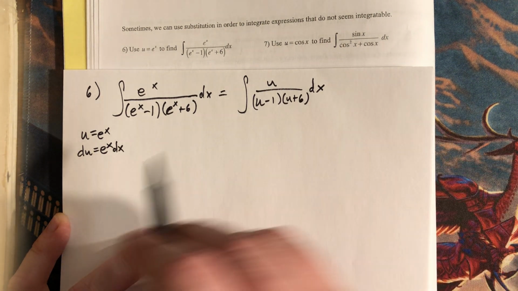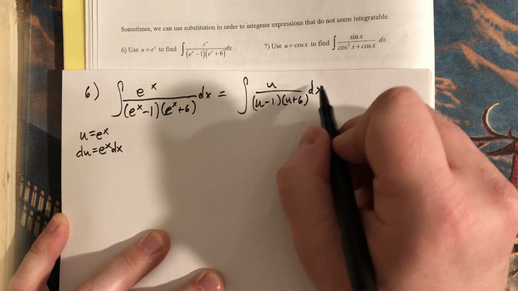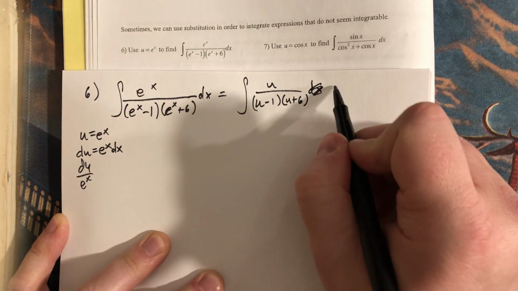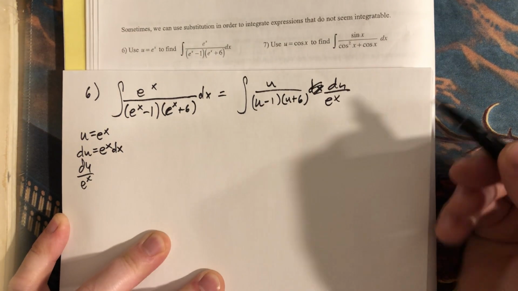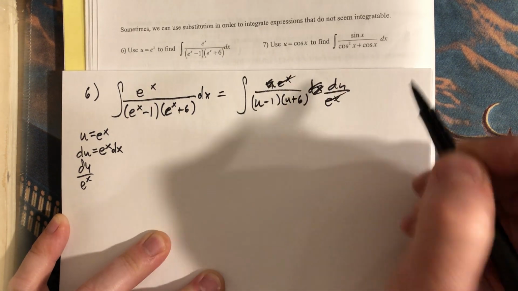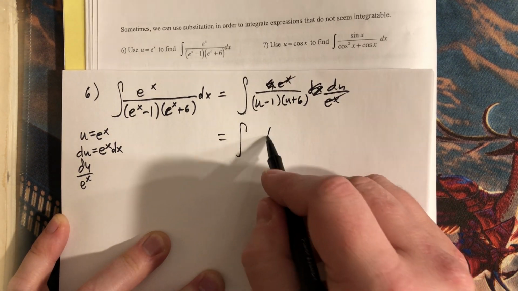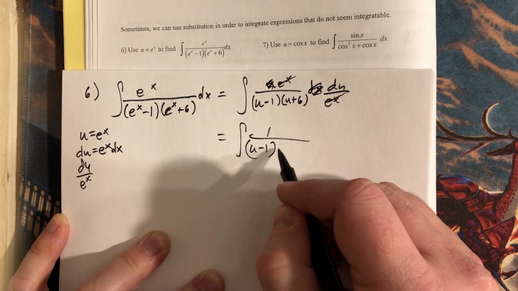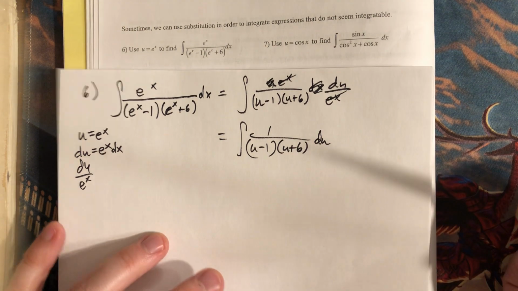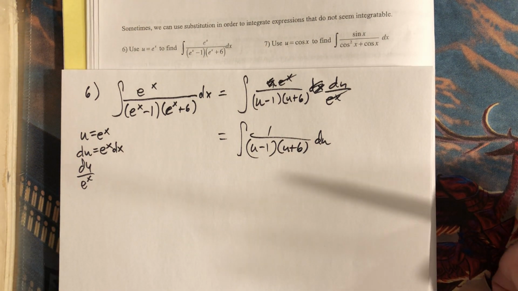Instead of dx, I can replace dx with du over e to the x, right? And that u is still an e to the x, and so we can cancel those. So we can change this into 1 over (u minus 1)(u plus 6) du. And now it's a really easy problem.